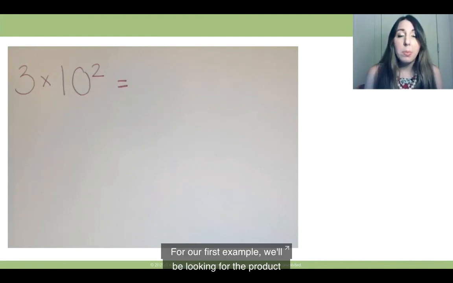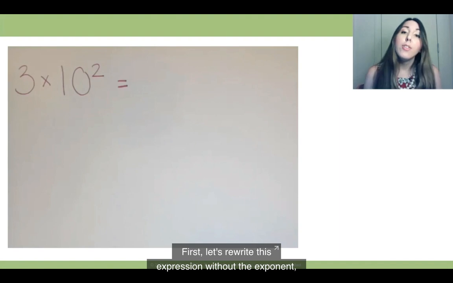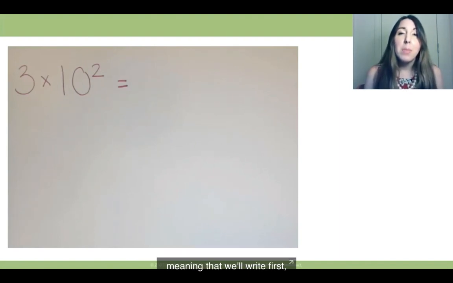For our first example, we'll be looking for the product of 3 times 10 to the 2nd power. First, let's rewrite this expression without the exponent, meaning that we'll write first the multiplication expression using only tens as factors.